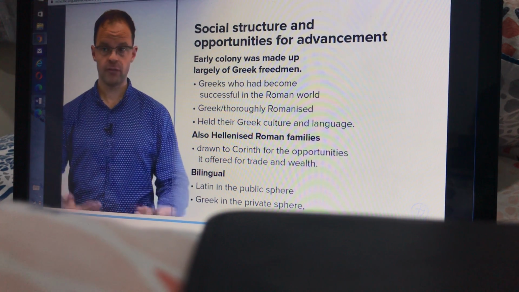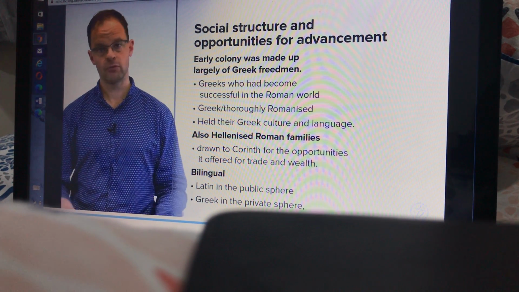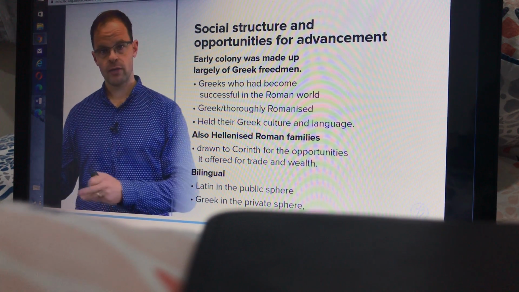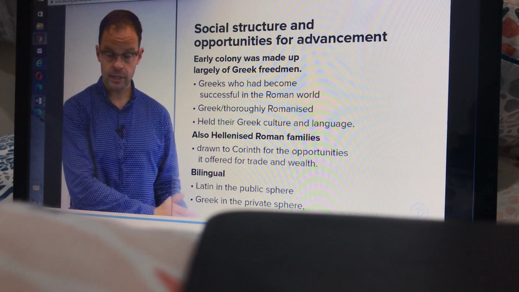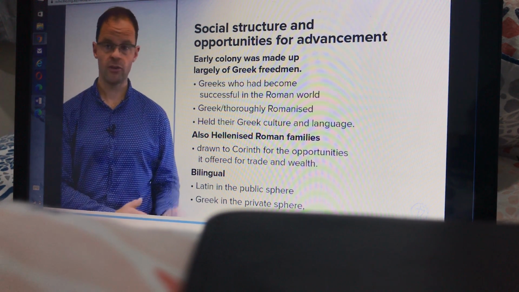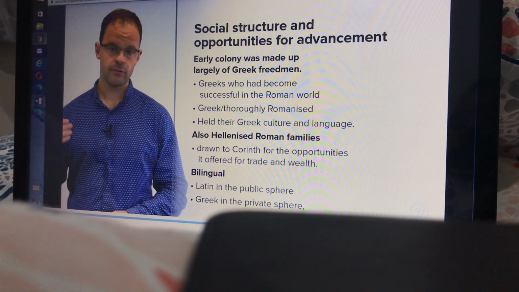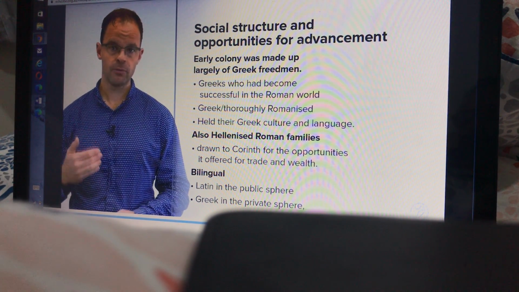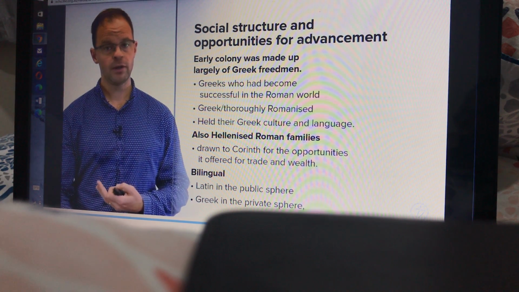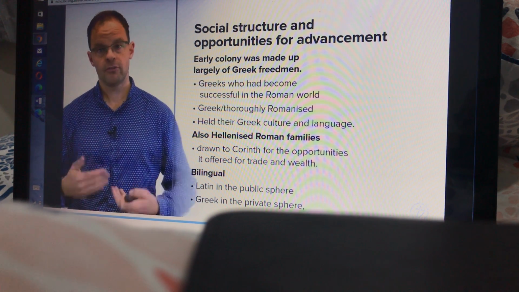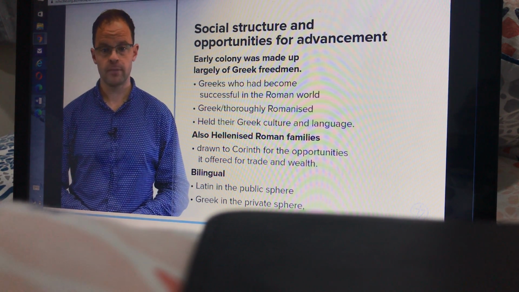Put into a place like Corinth, they could really excel. And so in Corinth, a brand new city, you can get those opportunities that you may not get in Athens or in Rome or in these places. And so you get a lot of Greek freedmen, people that have become successful in the Roman world and are now moving into Corinth, seeing the advantages that brings with it.